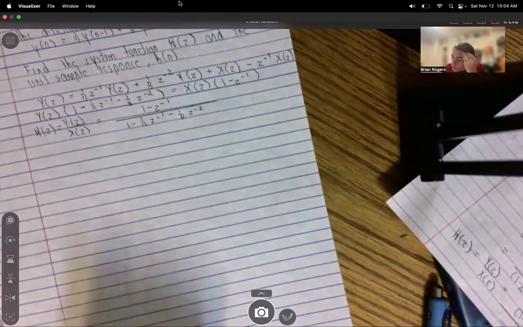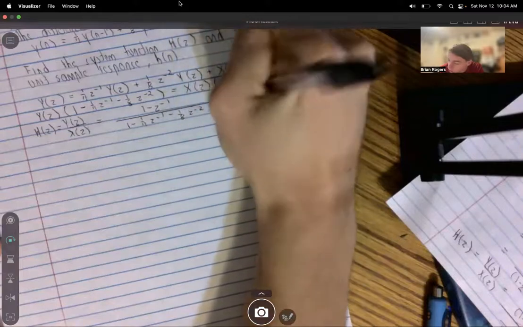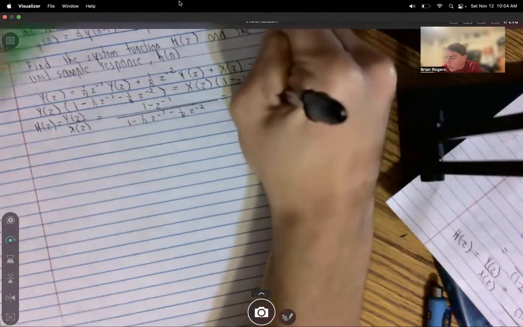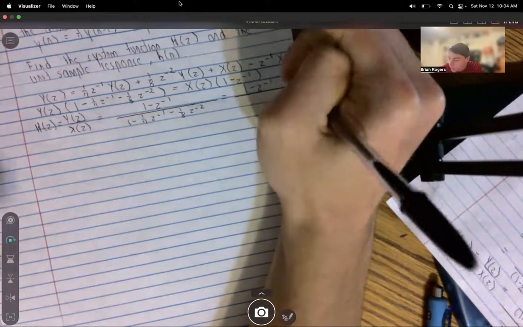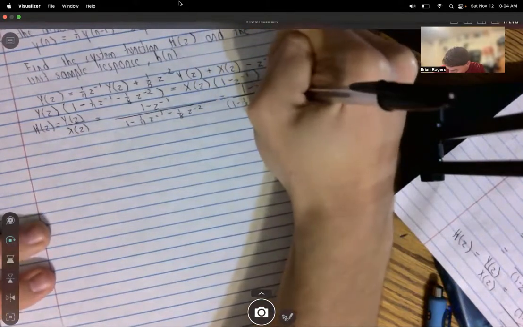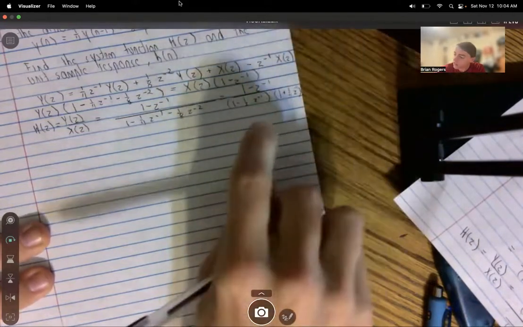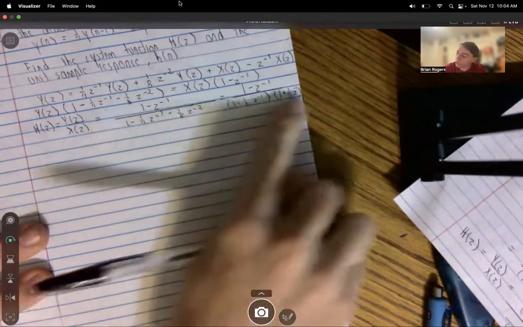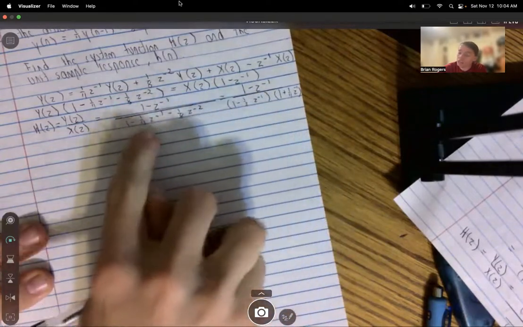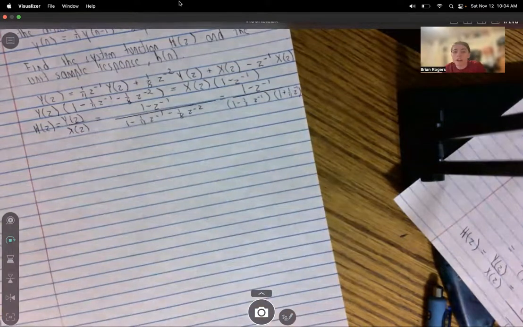So when you apply the quadratic to this equation, you're going to get 1 minus Z to the -1 all over 1 minus 1/2 Z to the -1 times 1 plus 1/4 Z to the -1. That's the same result. If you do the multiplication in the denominator, you're going to get the same thing. It's just using the quadratic equation to solve for these two. And so now that we specified that, we're going to have to solve this.